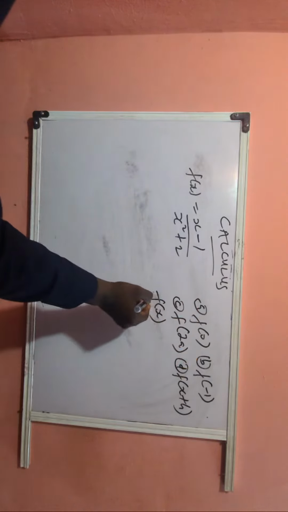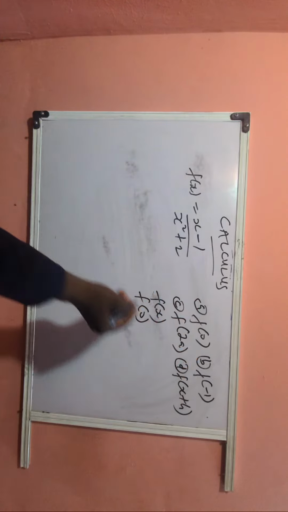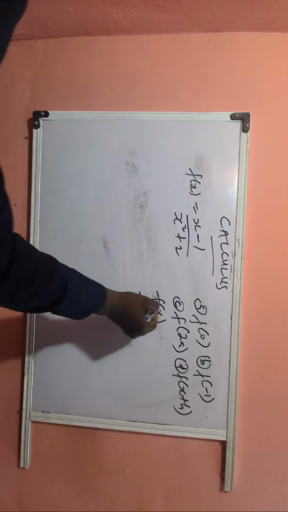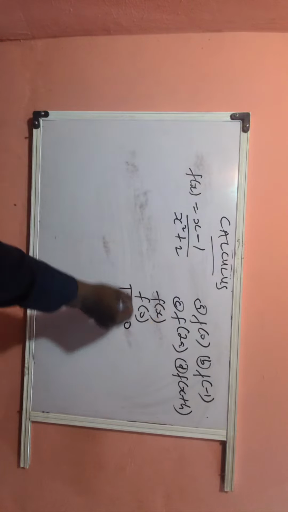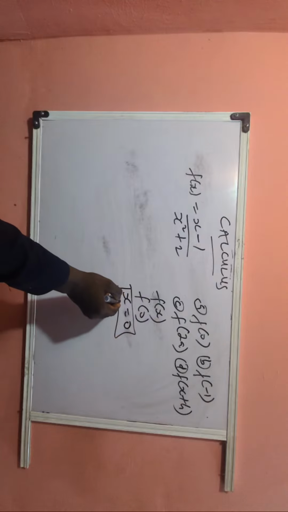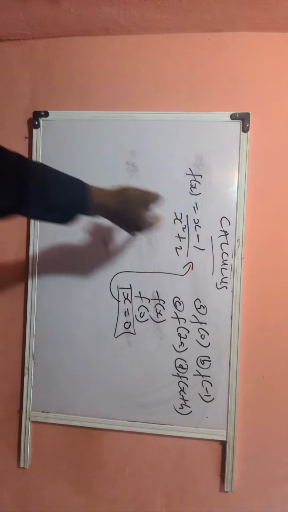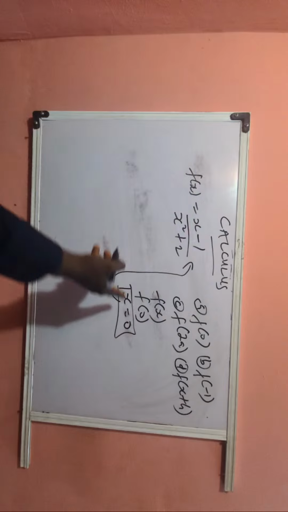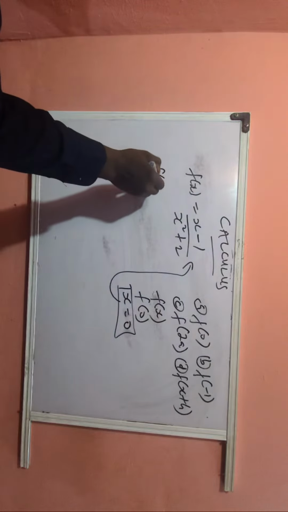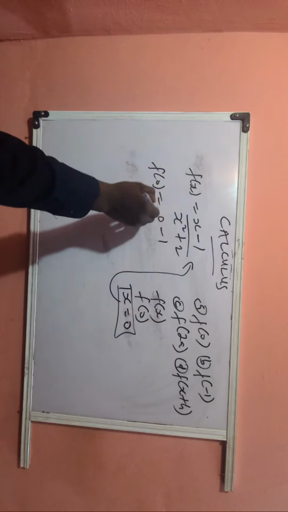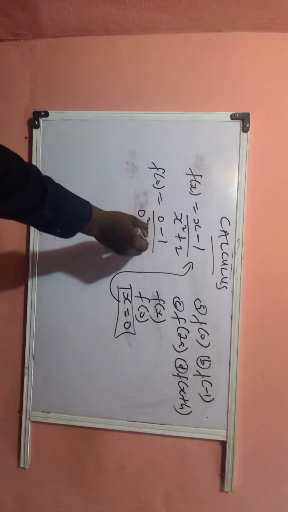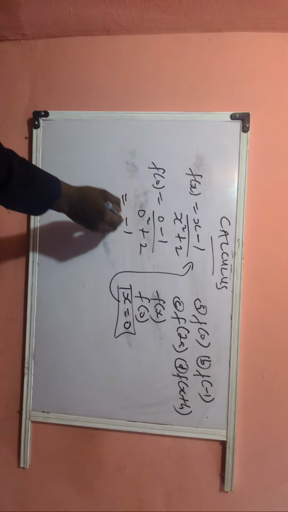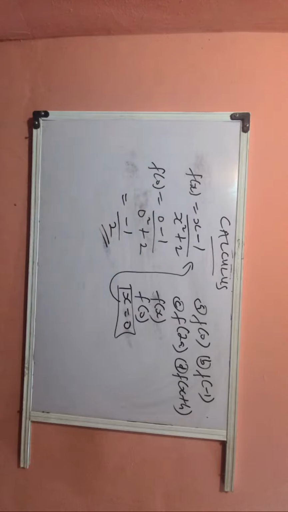When you're told to find f of 0, it's basically them telling you that your x here was 0. So all you have to do is to fix in 0 as your x into your function. So f of 0 will be equal to 0 minus 1 over 0 squared plus 2. That will be minus 1 over 2 as our answer.